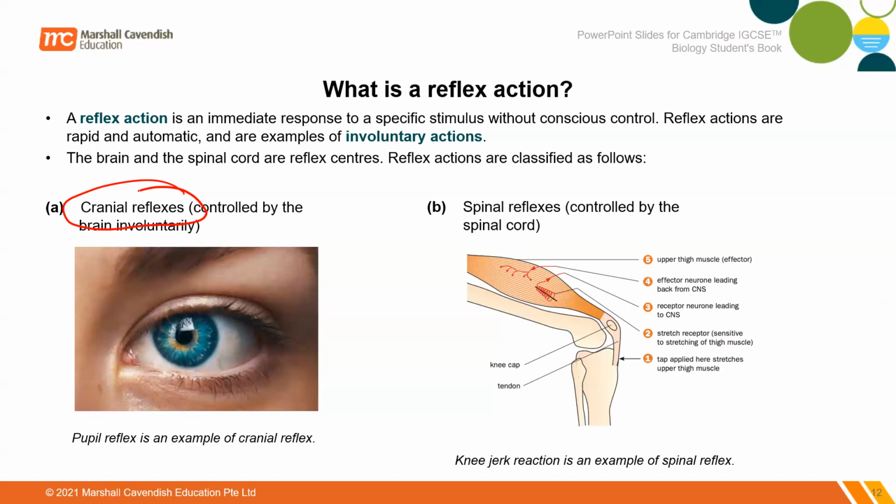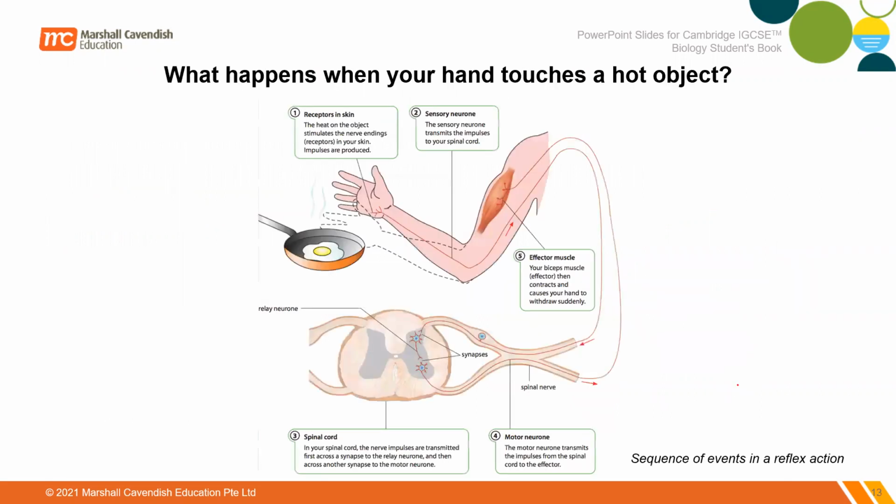How could it be controlled by the spinal cord? With the same technique we mentioned, starting from the receptors, the sensory neuron, the relay neuron, then the motor neuron and the effector. Look at the steps here. You will find it exactly the same as we mentioned in the transmission of signal.